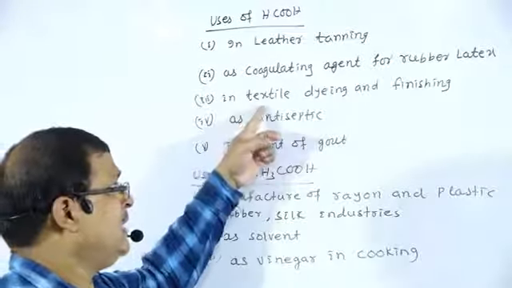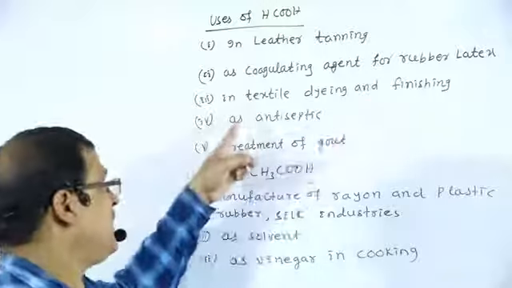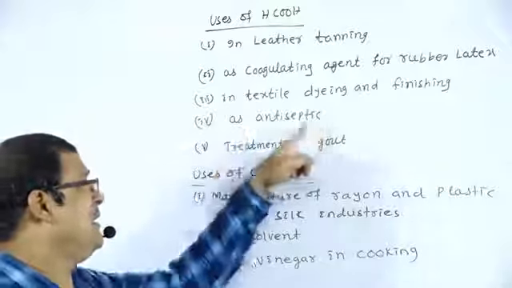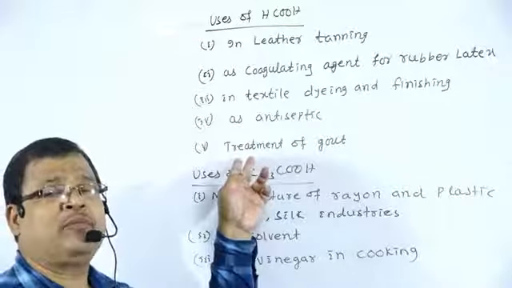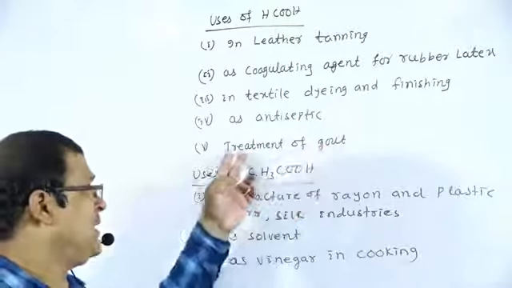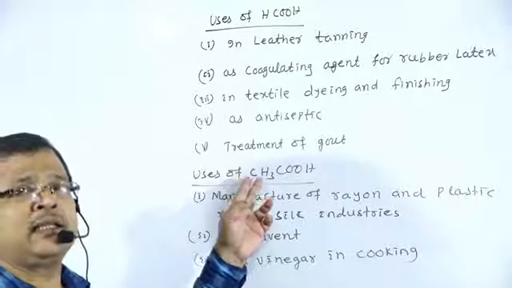In textiles, it is used in dyeing and finishing of clothes. Next, as an antiseptic. Next, as a medicine for the treatment of gout. Next we will see the uses of acetic acid.